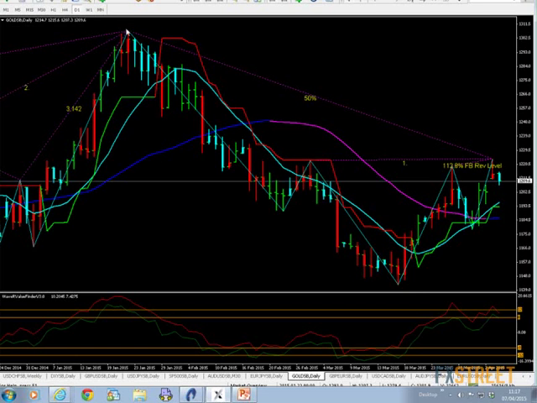And the software has actually picked up a nice little zig-zag, one of these A, B, C moves, or a measured move. And what you can see quite clearly is that the move on down, the C part of the move, is considerably less in distance than the A part of the move.